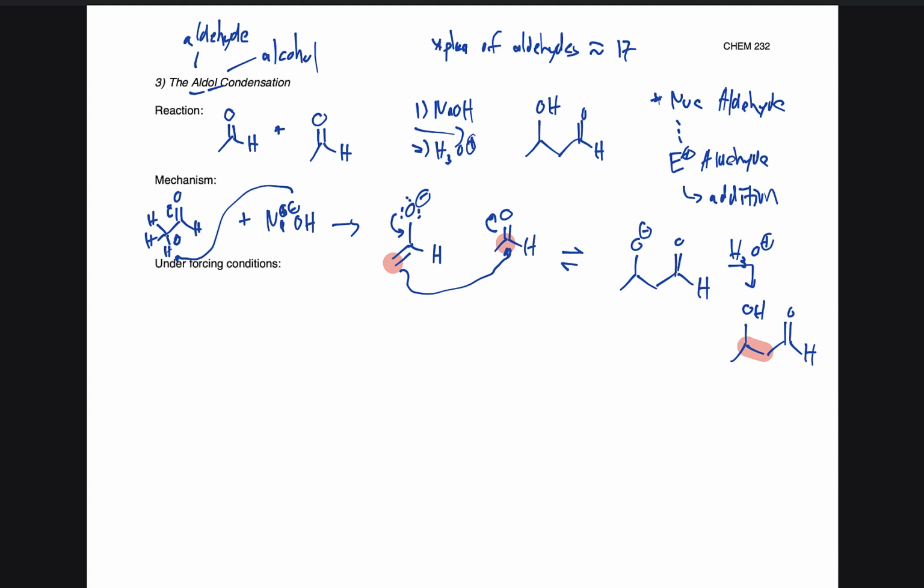And then the hydrogen that was there is still here, because we reformed the aldehyde, and then we react the other side. So all our carbons are still present. We've just made a new species out of it.